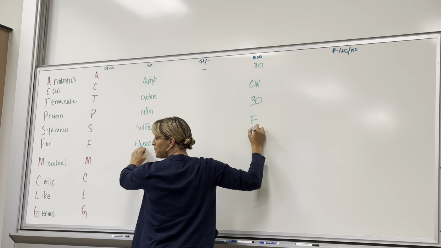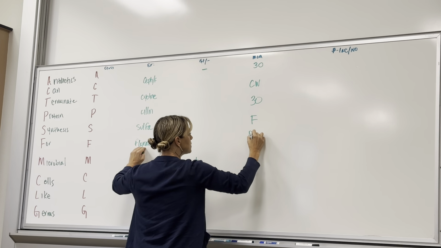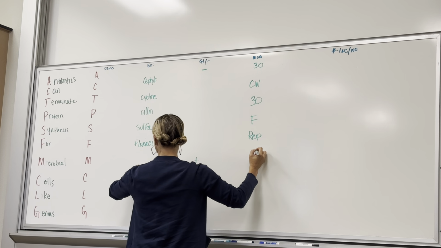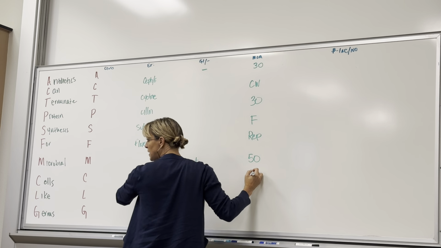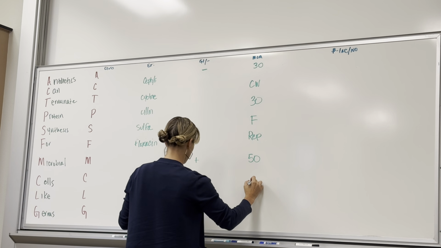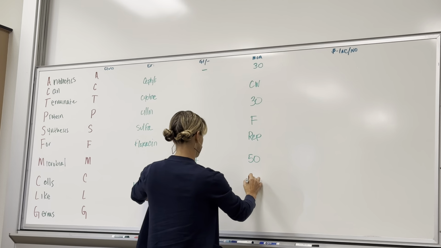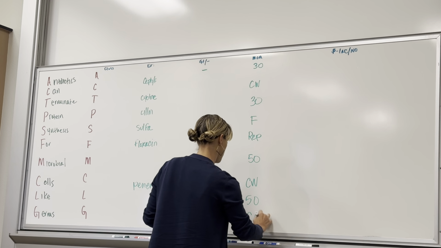Then replication for the fluoroquinolones, replication, and then macrolides are the 50, and then cell wall, 50, cell wall, macrolides, cell wall, 50, cell wall.